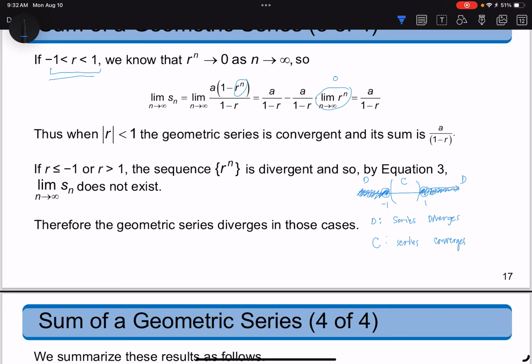So it converges when r is in between negative 1 and positive 1, not including negative 1 and 1, and it would diverge if it is less than or equal to negative 1 or greater than or equal to 1.